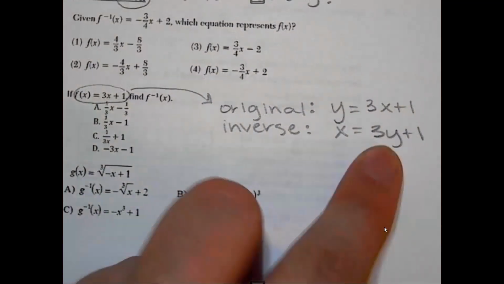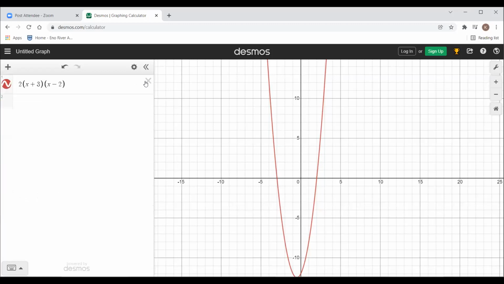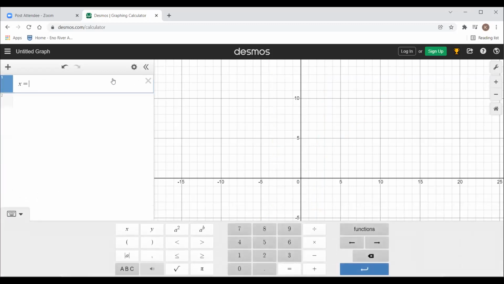Okay, so what I'm going to do is graph this. We're going back to Desmos, and we're going to graph x equals 3y plus 1. Desmos has no problem with that. Now we're going to take all of our answer choices and graph those. Those are all in y equals form.